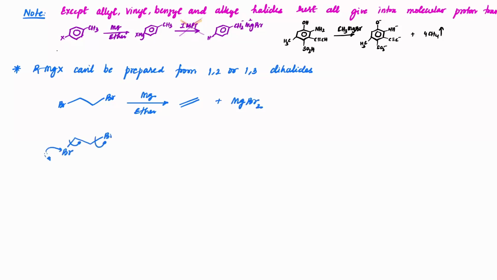So how does the mechanism occur? First, magnesium will provide electrons to bromine here, and that will push the electrons here, and further Br will be pushing the electrons. On doing that, you will see alkene is forming and MgBr2 will be forming. That's how the reaction will take place in this case.